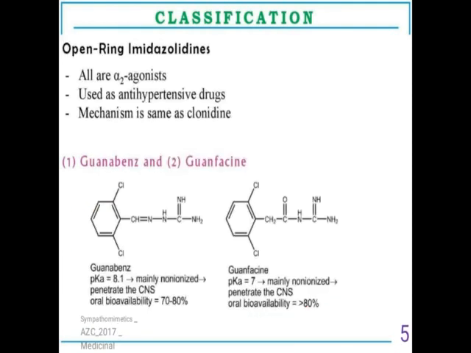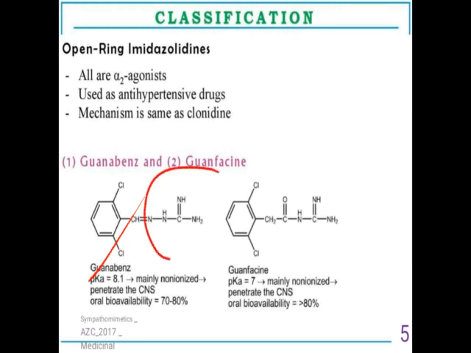Then open ring imidazoline, in which there are two examples: guanabenz and guanfacine. Guanabenz has a pKa value of 8.1, so it is mainly non-ionized and can penetrate the central nervous system. Similarly, guanfacine has a pKa value of 7, so it is also present in the non-ionized form and can also penetrate the central nervous system.